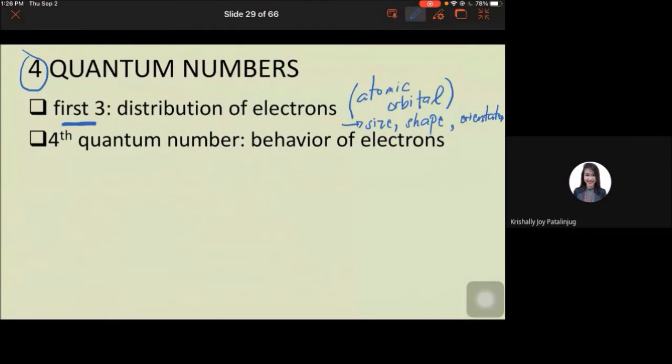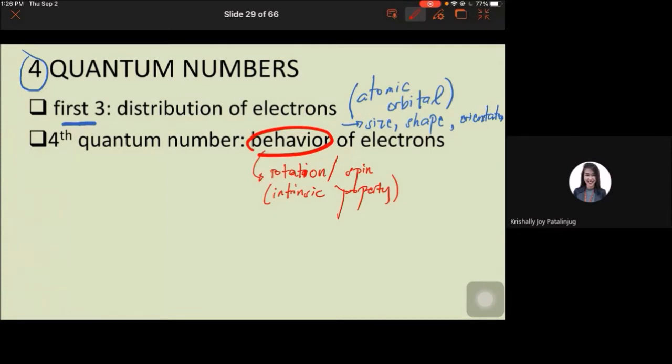Then the fourth quantum number has nothing to do with the atomic orbital. It only describes the behavior, meaning the rotation or spin of the electron, the intrinsic property of electrons. That is all the fourth quantum number describes.